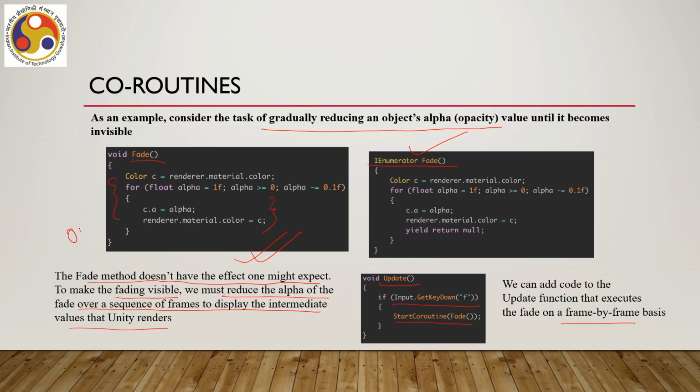This is the original one, and these are the two functions modified from the original ones. Unless we implement it this way, the original Fade function will be called only once, maybe for the subsequent frame, but that effect will not be perceivable. Whereas, if we do it over a consecutive set of frames, then it will be perceivable, and the only way to do that is through the use of the concept of coroutines.